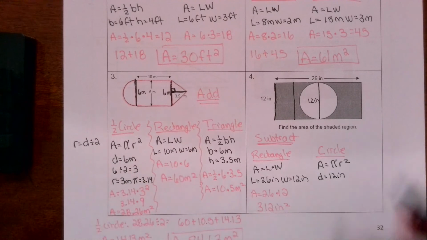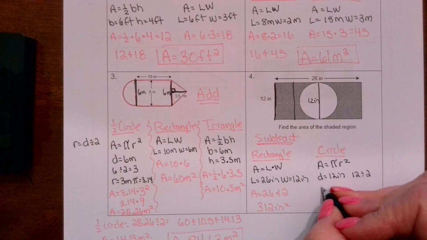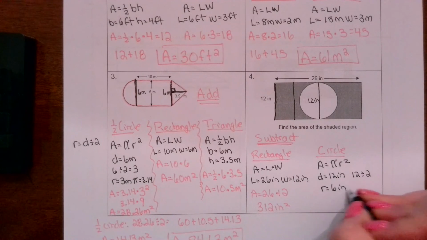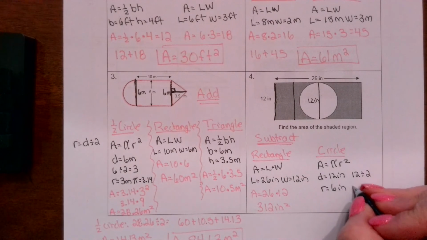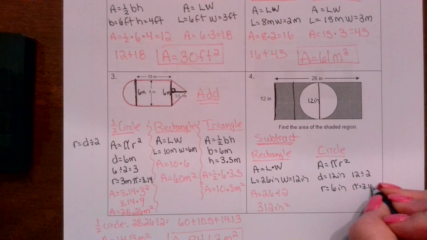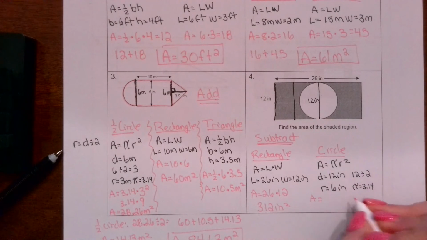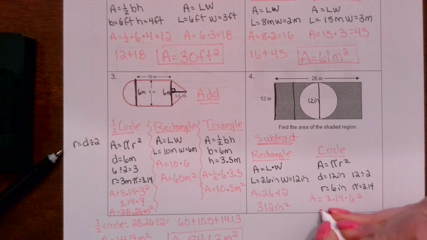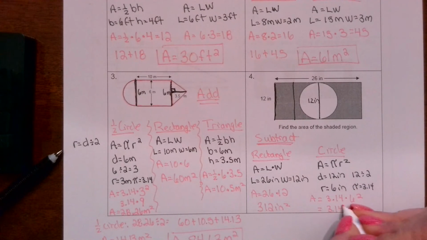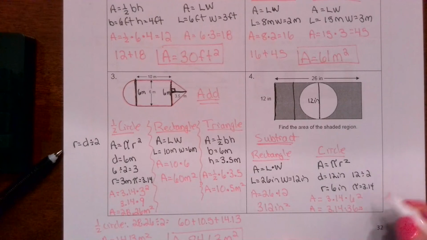And I know if I divide 12 by 2, the diameter divided by 2, I will get the radius of 6 inches. Now I have what I need. Well, of course, I also know that I'm going to use 3.14 as pi, and I can calculate the area of this circle. So area equals 3.14 times 6 squared. Going to square 6 first, get 3.14 times 36, and that is going to equal 113.04.